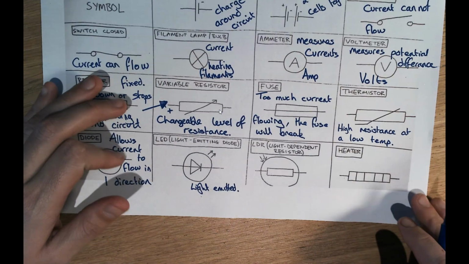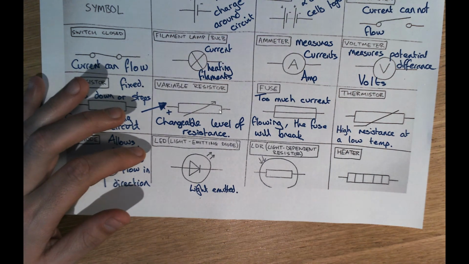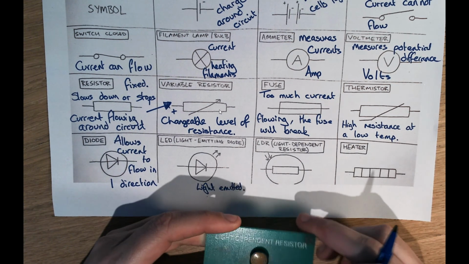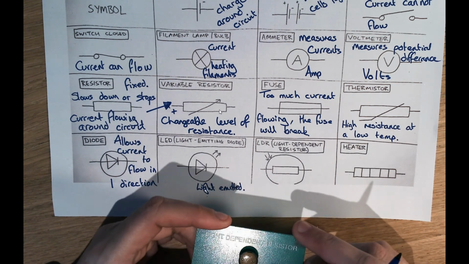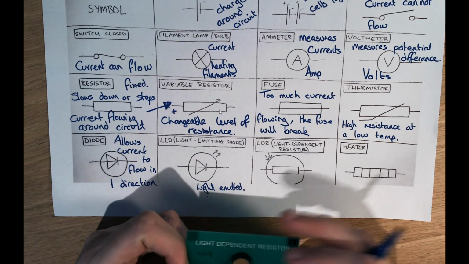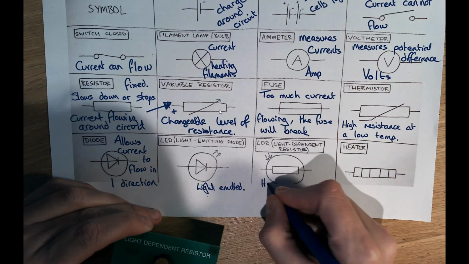Okay, we're getting there now. So on to the light dependent resistor. And very similar in relation to the thermistor, the temperature dependent resistor effectively. At a high light level, this will have a low resistance.